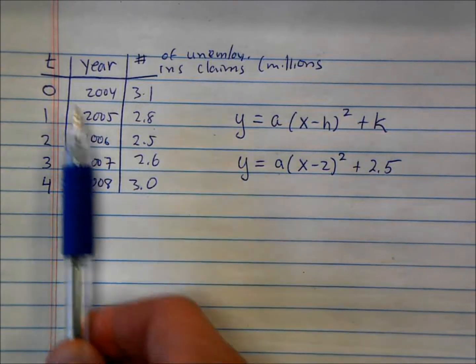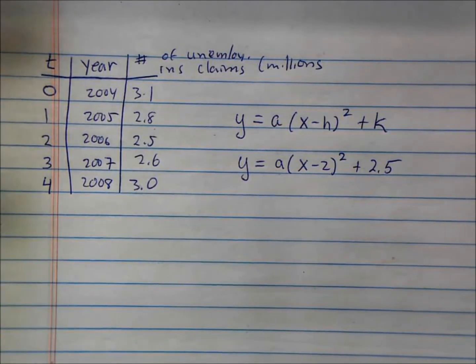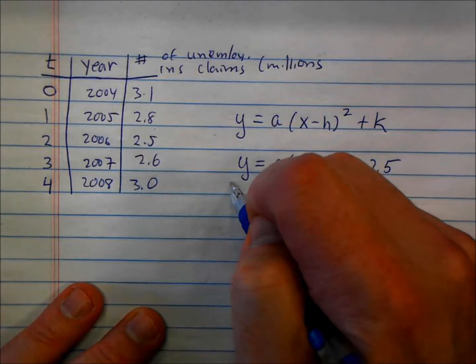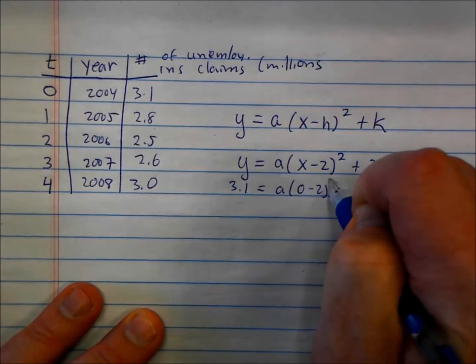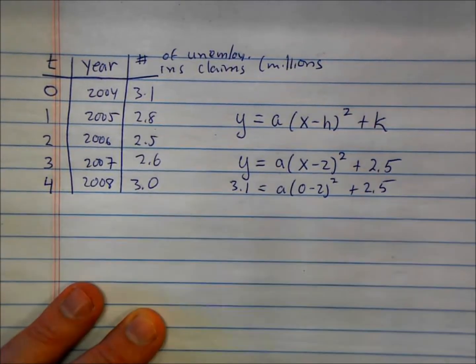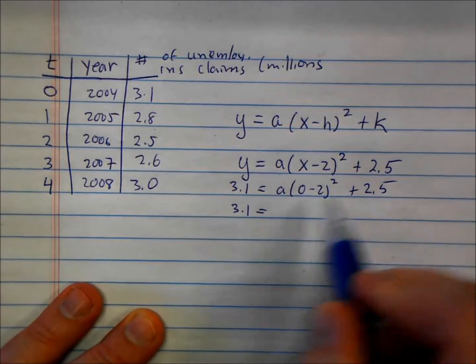I would probably plug in 0, 3.1, because I think that's an easy one to use. Truth is, you could use any of the other points, whichever one you like. So 3.1 equals a times 0 minus 2 squared plus 2.5. What's 0 minus 2?